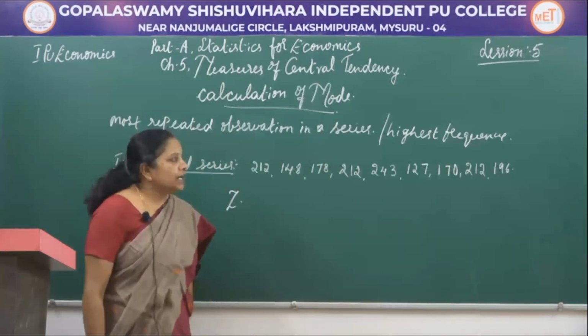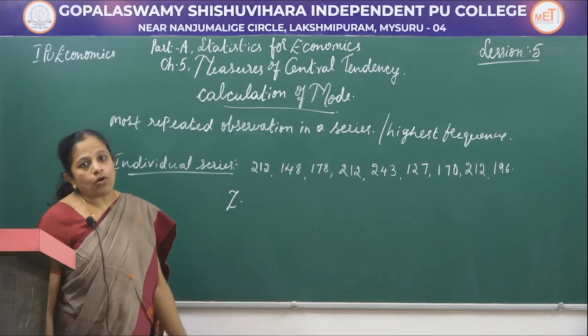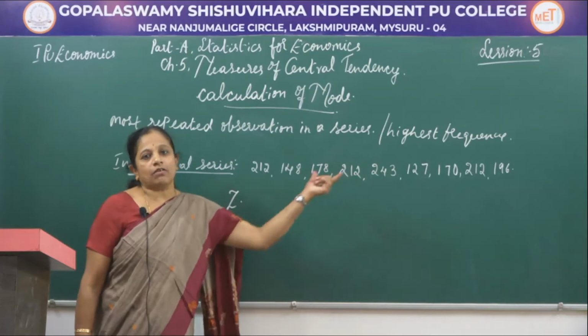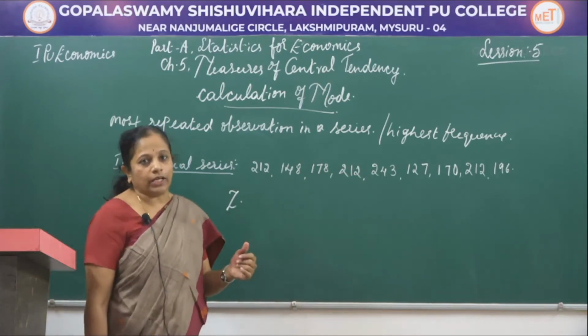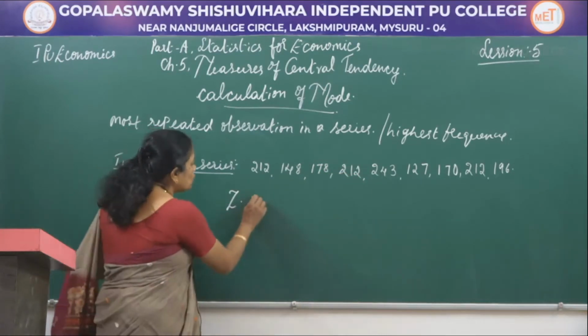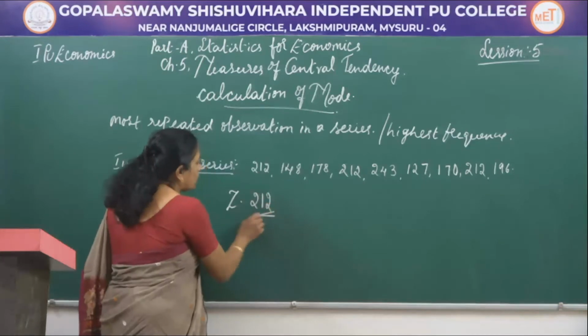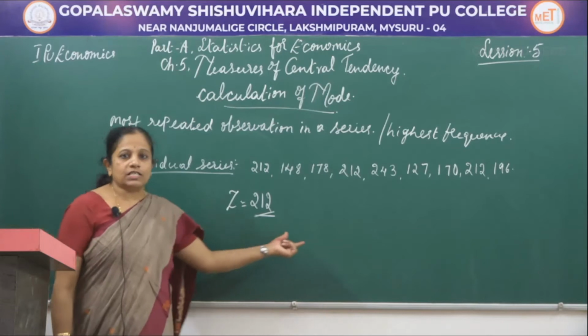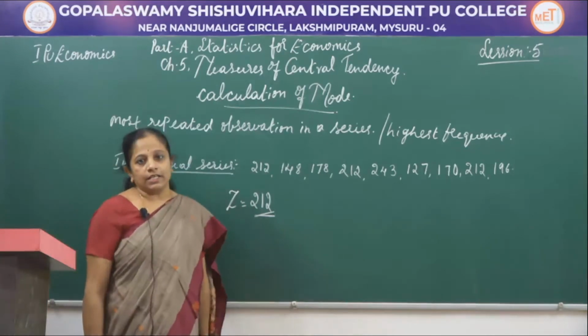So, 212 is the mode of this series. By just inspecting or observing the series, we can say that 212 is the mode of this particular series. So, now let us move towards the discrete series.